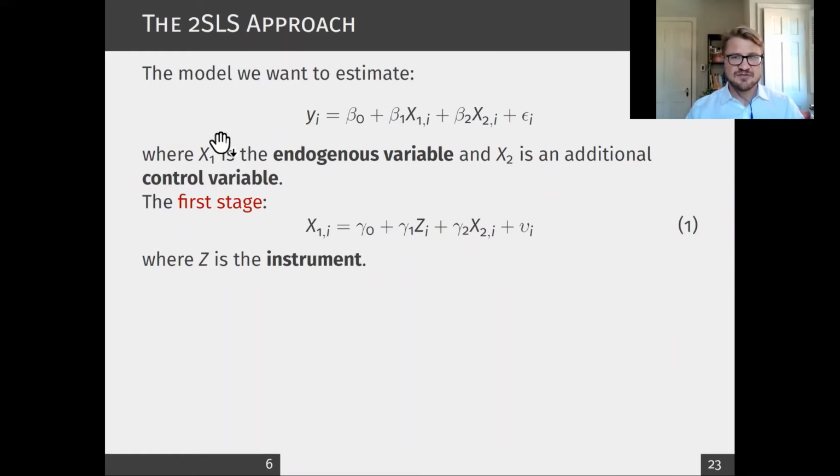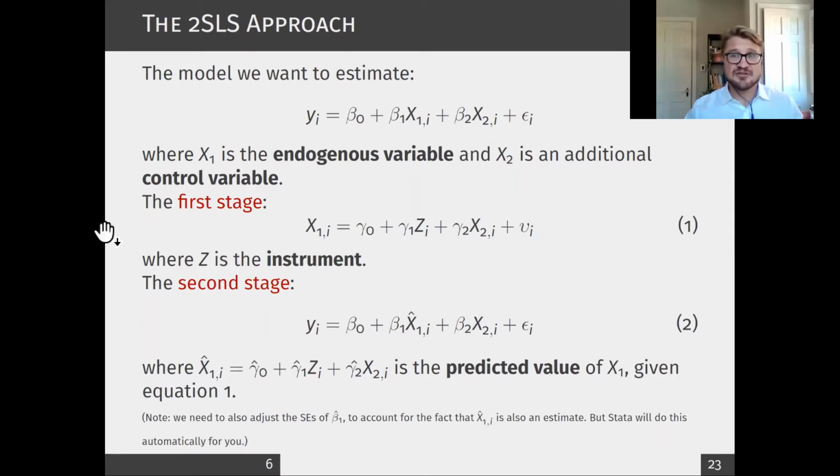So in the first stage, we run another regression where our dependent variable is now actually the endogenous variable itself. We regress the endogenous variable on the instrument, as well as this additional control variable. The control variable just has to be included as well. Then we take the predicted value of X1 given this first stage regression.